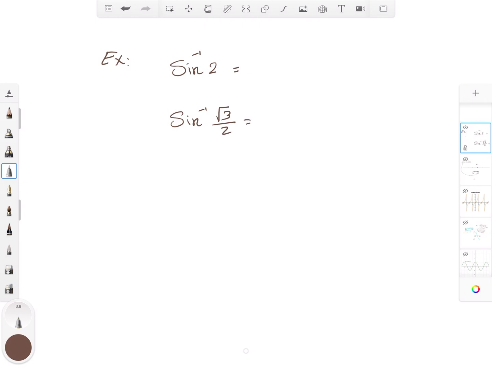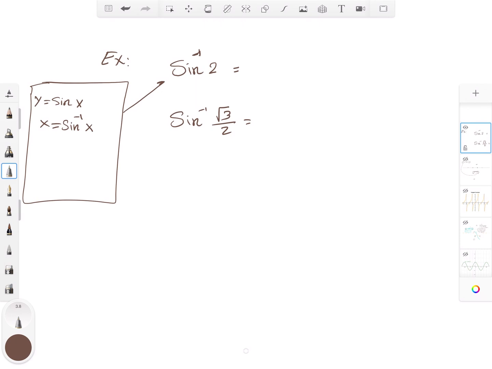So you see inverse, you're going to remember, or you're going to review on your note sheet, that if y equals sine of x, then x will be sine inverse of y.